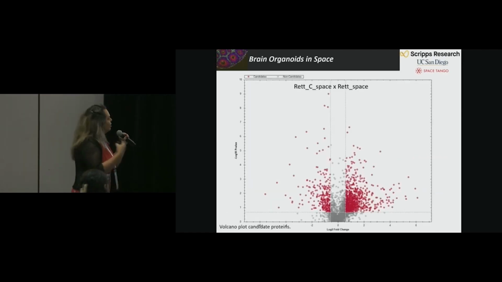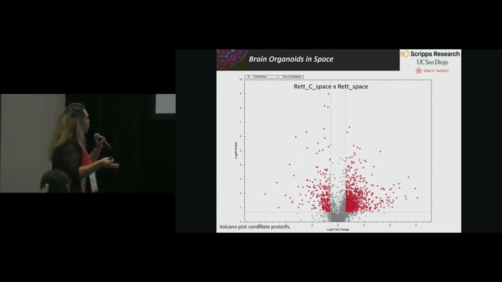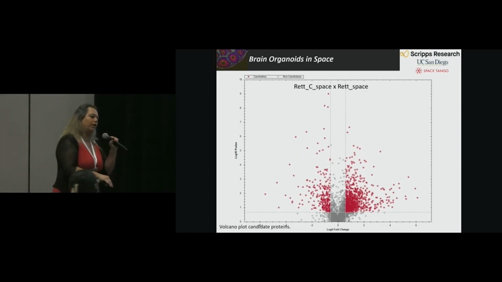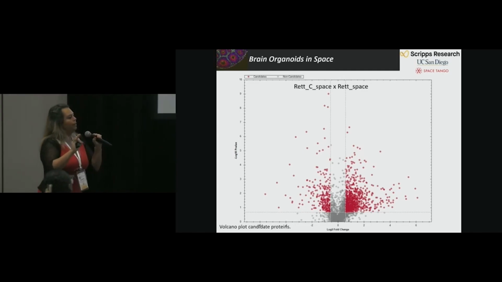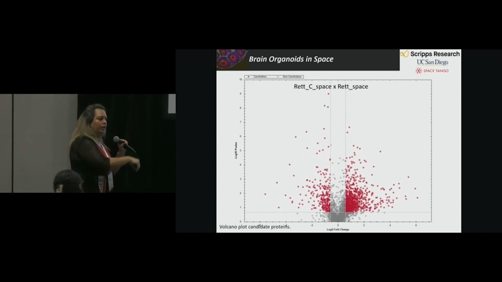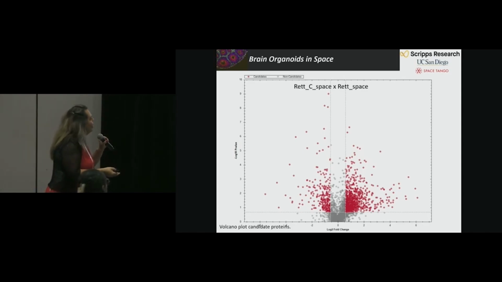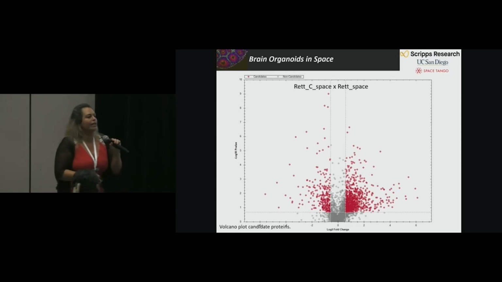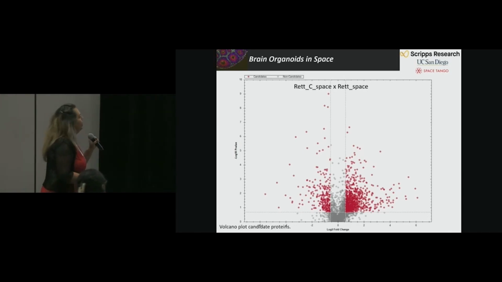And one thing that struck us was that we had a lot of differential proteins on the organoids compared to the ground experiments. This first evaluation was just brain organoids that were in space, but they were very different from the ground experiments that we have. And the intensity of these proteins was much higher under the microgravity events.